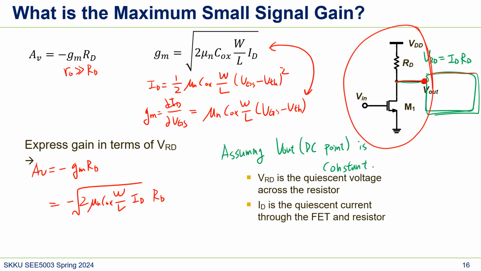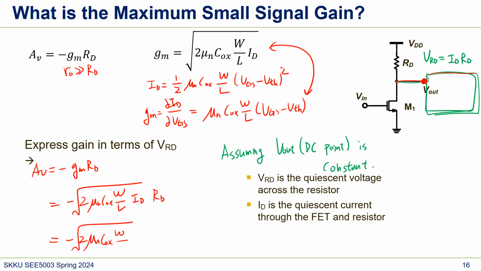So assuming the V out DC point is constant is from a circuit system design point of view. Okay, so we are assuming the DC point is constant. That means VRD is constant here, right?